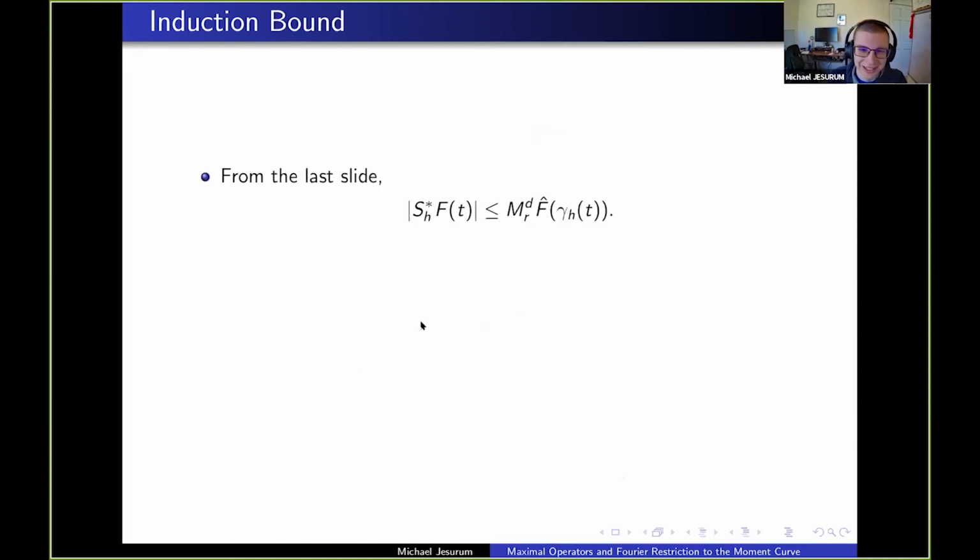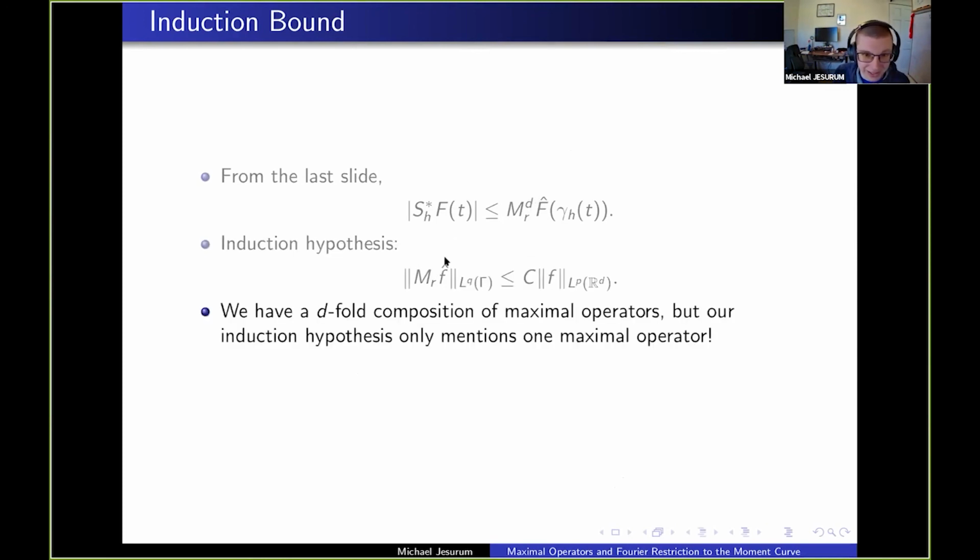Wrong. Okay, so here is our inequality that we have. The induction hypothesis says something like this: M_R f hat is bounded by f in L^p, and there's a d up top here. There isn't a d over here, so we can't use the induction hypothesis. The induction hypothesis only has one maximal operator.